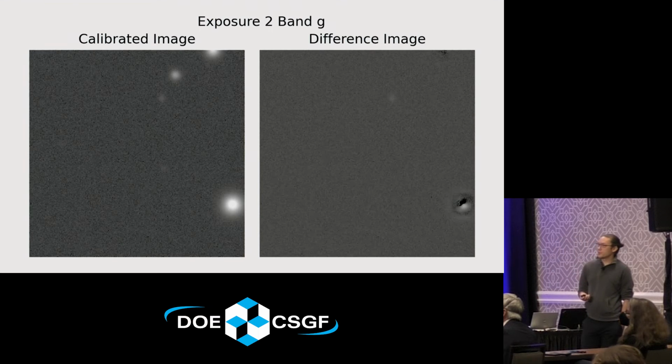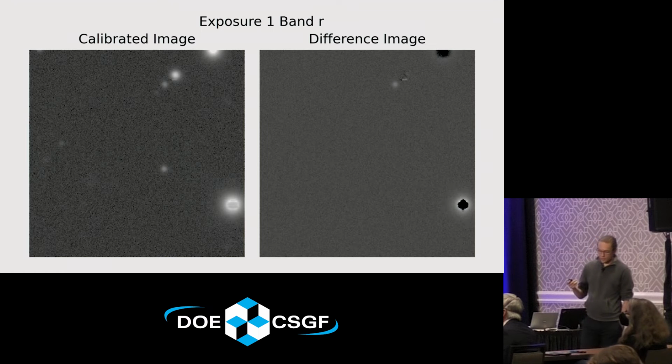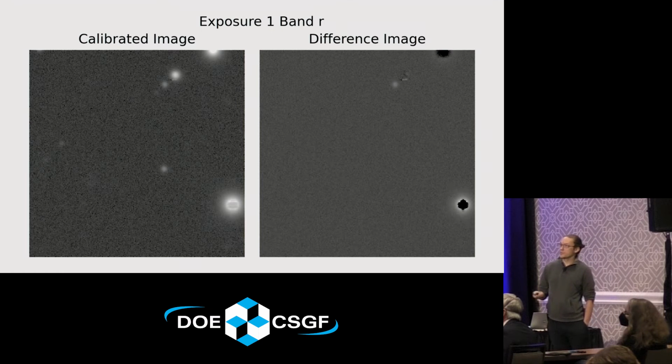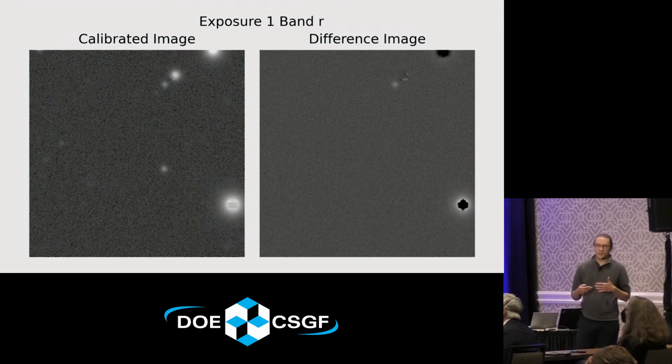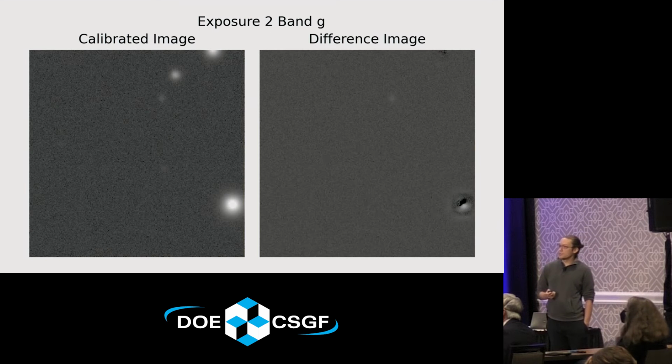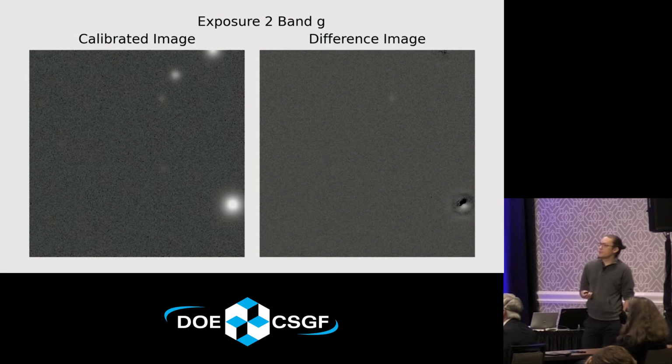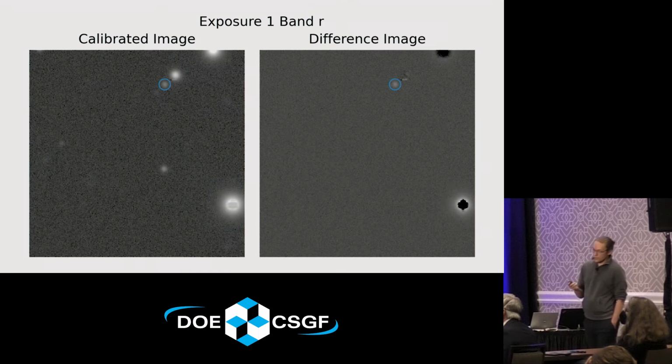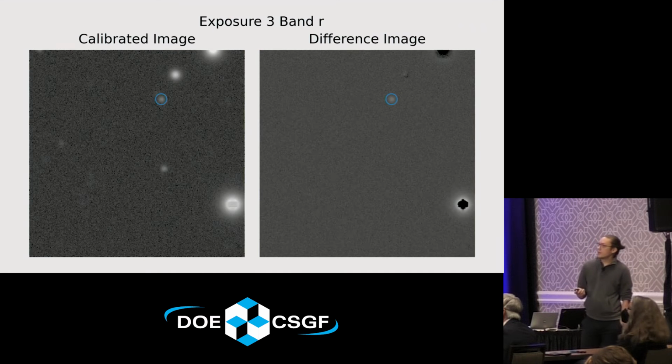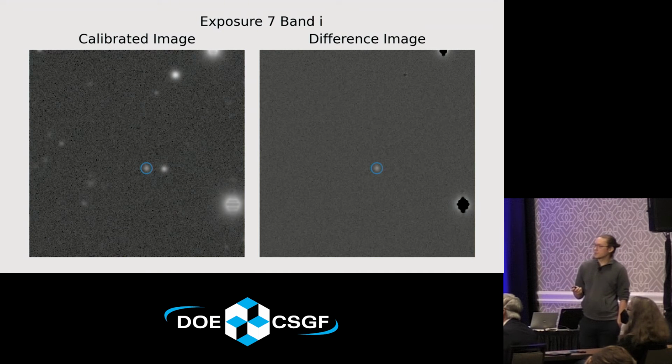We're moving back and forth between the R and the G band, and the objects in the images are getting fainter and brighter. They have different brightnesses in different filters. And then also there's an object that's moving in this field. And if you can't see that, I'll highlight it with a blue circle. You can see that there's actually an object moving through this field of view.